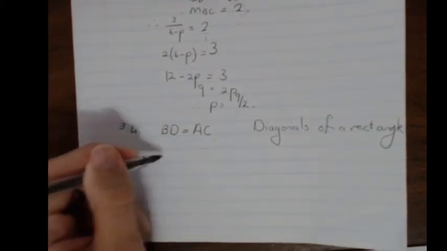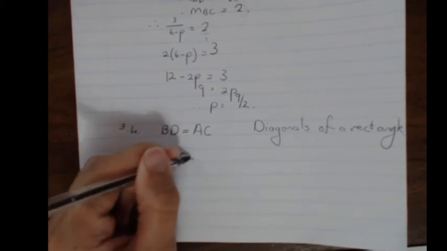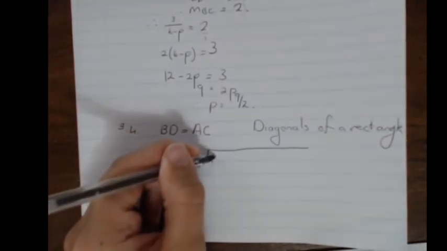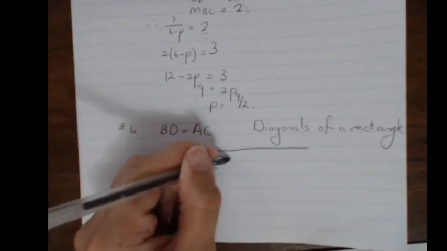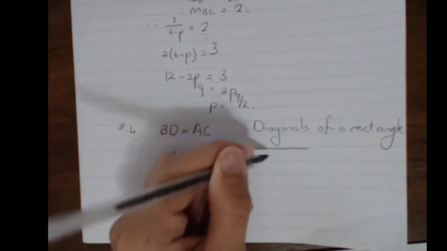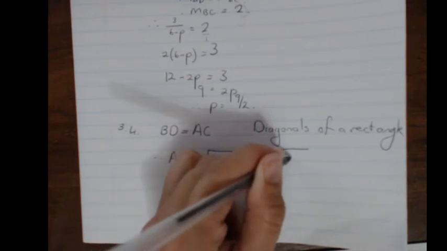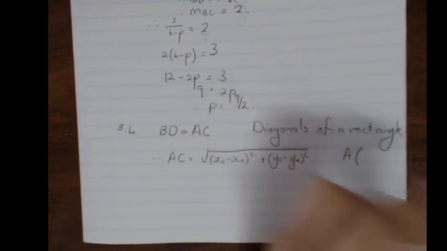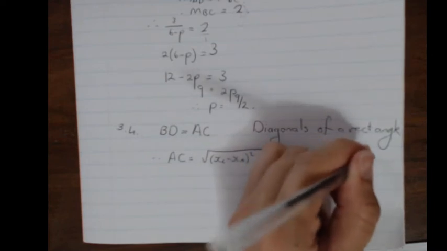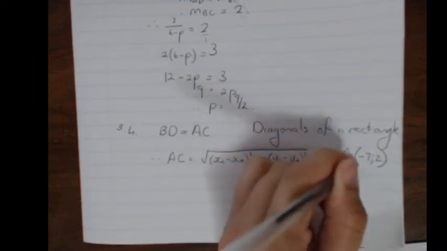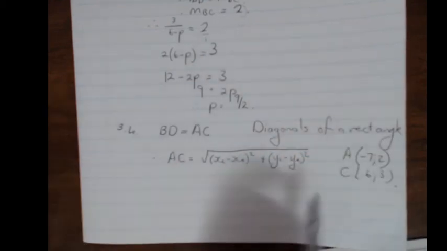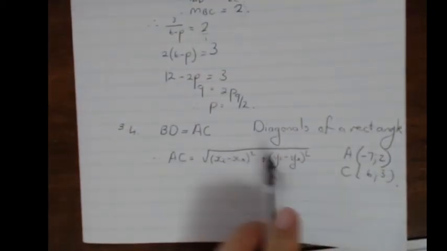So then I can actually just calculate the length of AC. It's going to be the distance formula: (xc minus xa) squared plus (yc minus ya) squared, where A is the point (-7, 2) and C is the point (6, 3) given on the sketch. I'm just putting the 2 points here so it's easier to substitute.